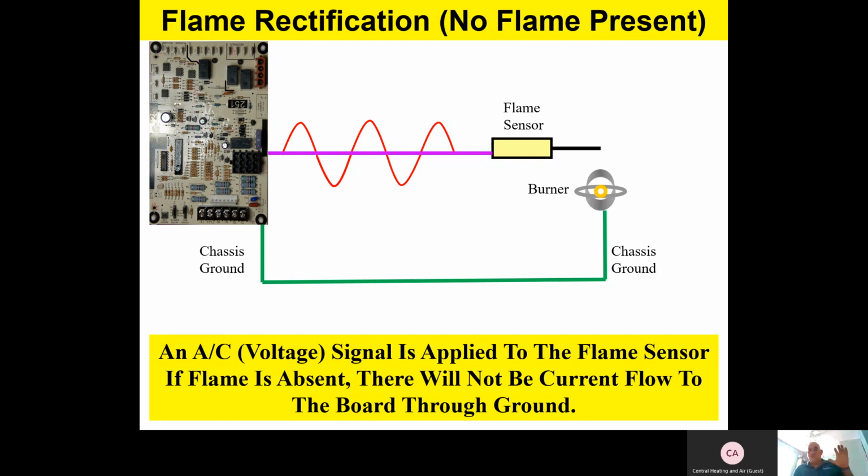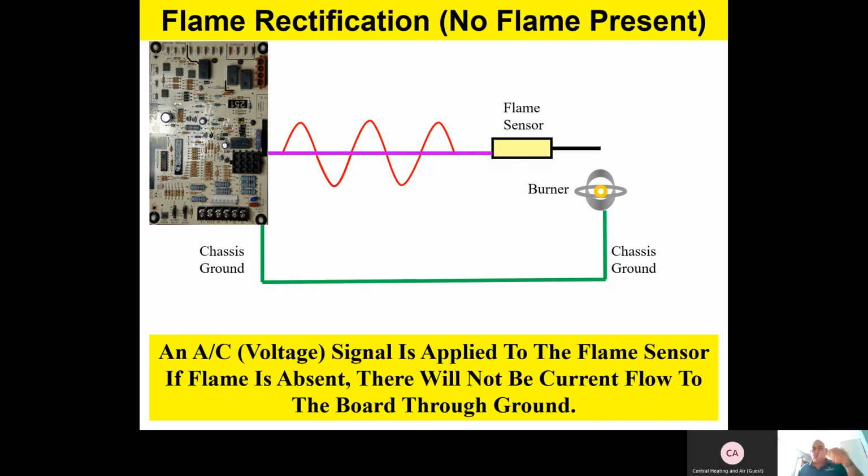However, it's important that we understand anytime there's power to the furnace, there's going to be power to the flame sensor year round. The other thing we need to know is that even though the flame sensor is line voltage driven and has AC voltage on it, it's an extremely high resistance circuit. So if you touch the flame sensor with the furnace plugged in, it's not going to shock you.